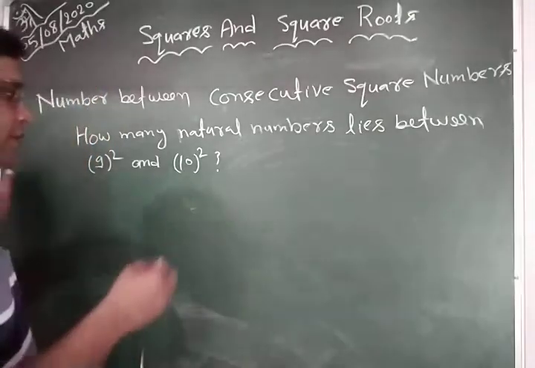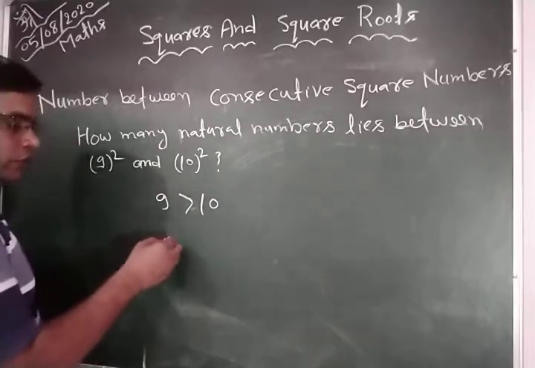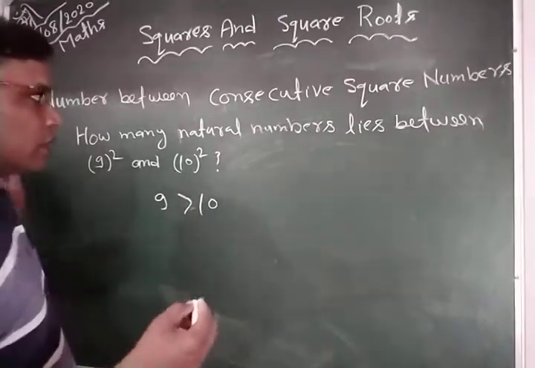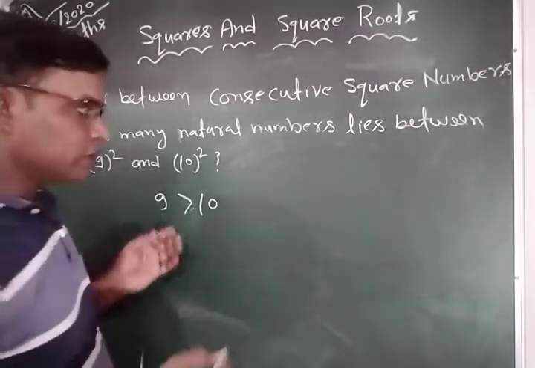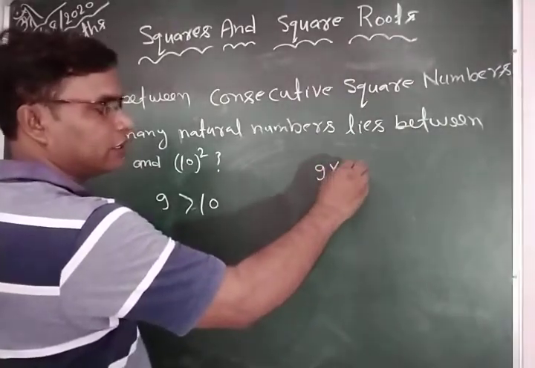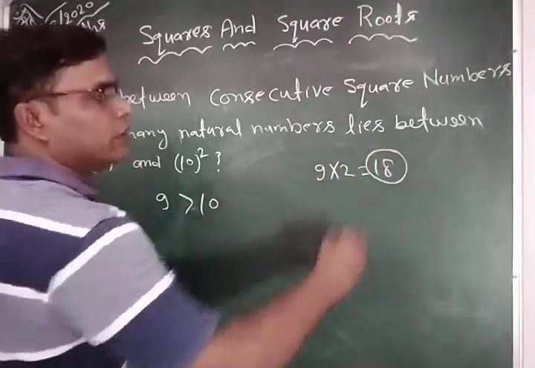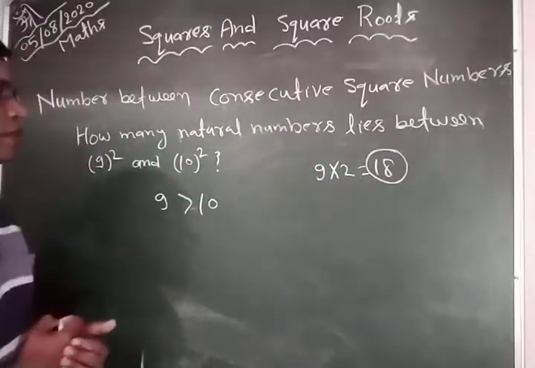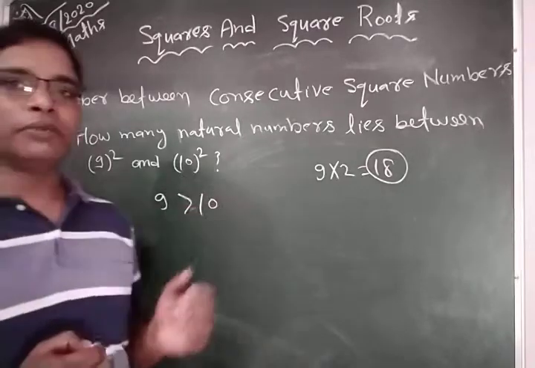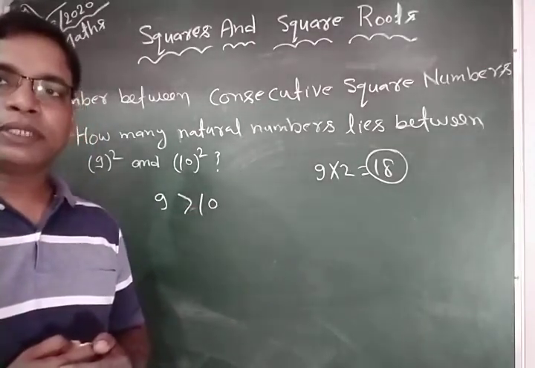So here 9 is smaller than 10, so double the smaller number. The small number is 9, so double of it is 9 into 2, 18. So you can say 18 natural numbers lie between the square of 9 and the square of 10.